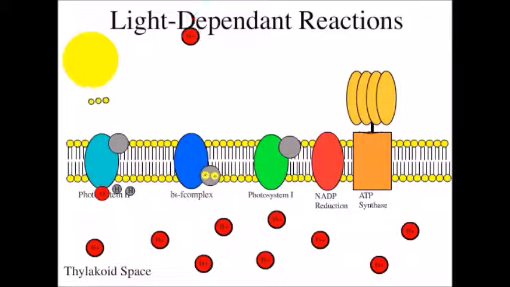The energy from the electron is used to pump hydrogen ions from the stroma to the thylakoid, forming a concentration gradient.